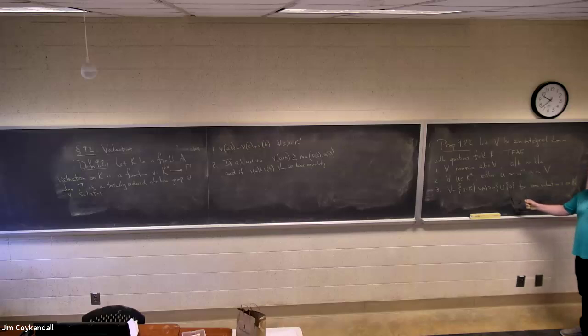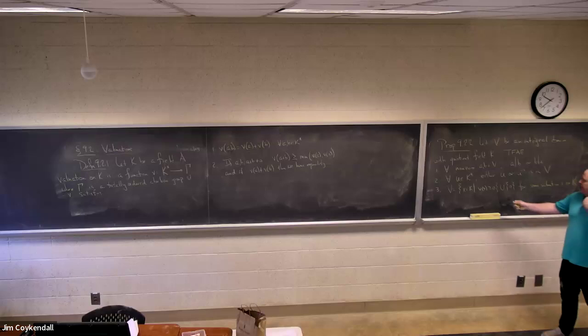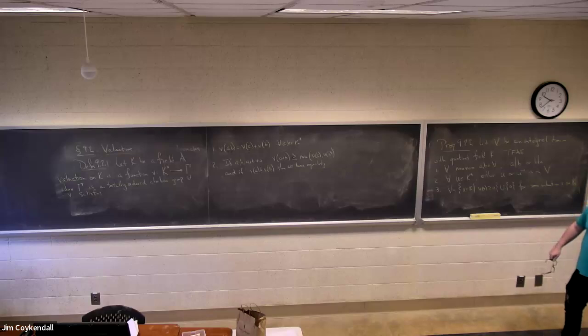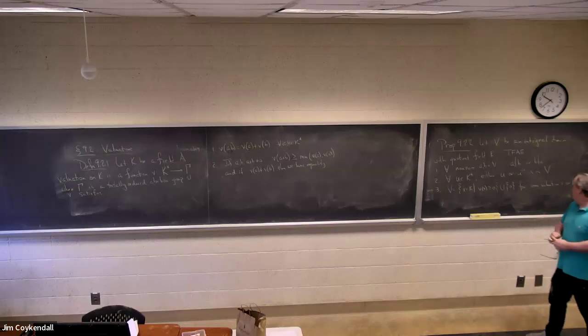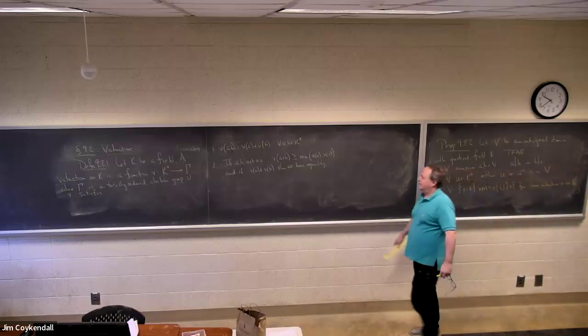Because remember, we don't define the valuation of zero. By the way, let me point out that zero can be interpreted as the identity of gamma. And since it's totally ordered, you have zero, you have positives, and you have negatives, right? And that's it. Obviously, everything can be compared.